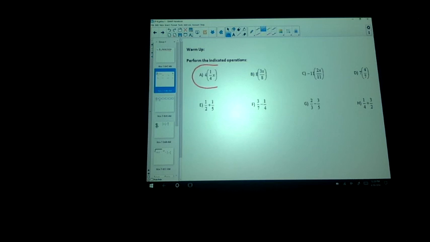What's 1/4 of 4? Distribute 4. So what's 4 times 1/4? 4 times 1 is 4. What's 4 over 4? 1. It cancels out, right? So I'm just left with an answer of x for this one.